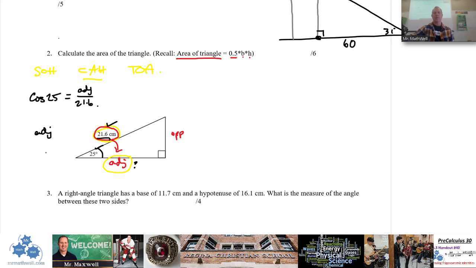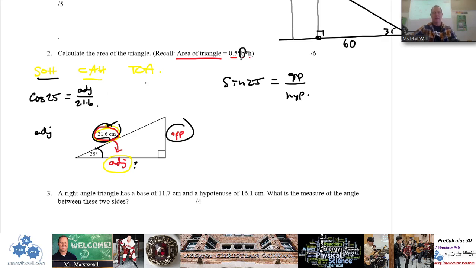And that is going to be our base. That's going to be the B, the length of the base. And then you do the same thing over here for the opposite side. Of course, we use the hypotenuse and opposite. And that's the sine function. So sine 25 equals opposite over hypotenuse.